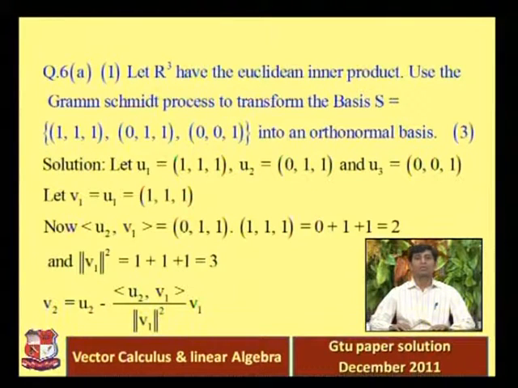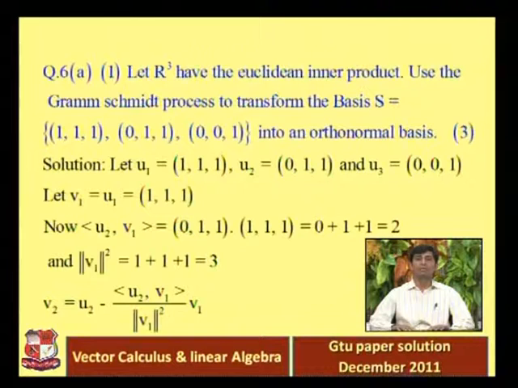For that we use some formulas, starting with V1 is equal to U1, which is (1, 1, 1). Now we want to find V2 such that the inner product of V1 and V2 is equal to 0. Here is the formula: V2 is equal to U2 minus inner product of U2 and V1 upon norm V1 square, into V1.